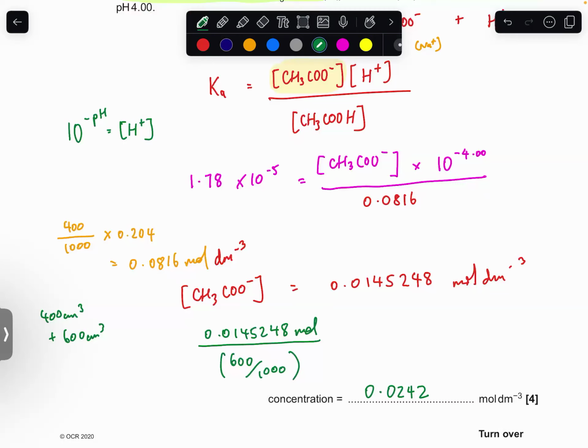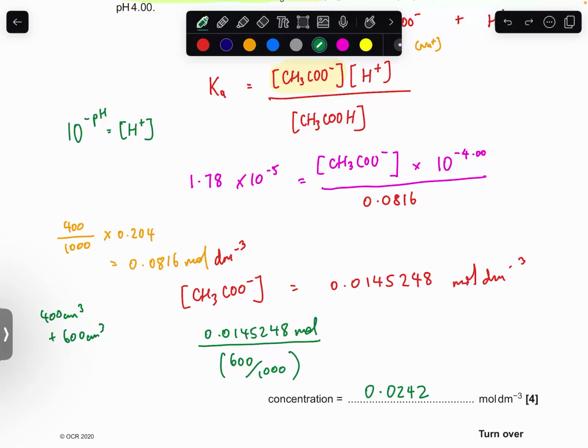Yeah, so the answer here is 2.42 times 10 to the minus 2. Yep, that's acceptable, up to calculator value. They've given their answer in standard form. Do you have to? No, you don't have to. That is perfectly fine, ladies and gentlemen. And I believe there's one more question after this. Not going yet. Yep, that's correct.